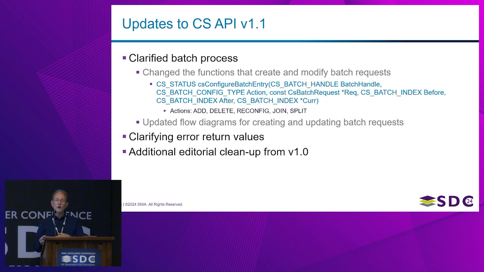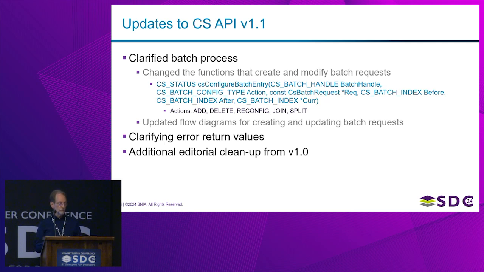So if you call your function and you get an error back, you know exactly why you got that error back. This is important for interoperability, that we have a fairly well-defined set of error conditions and why you get them, as opposed to just a general statement of, well, you get one of these errors without any statement of why. So again, this is going towards better interoperability.